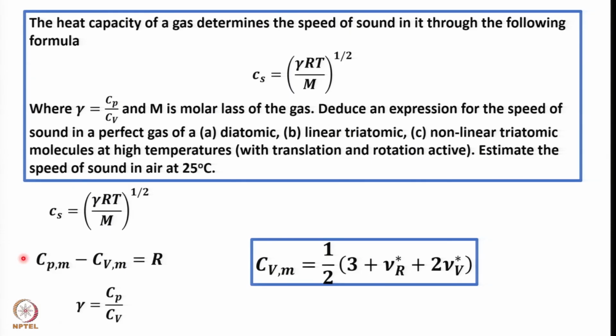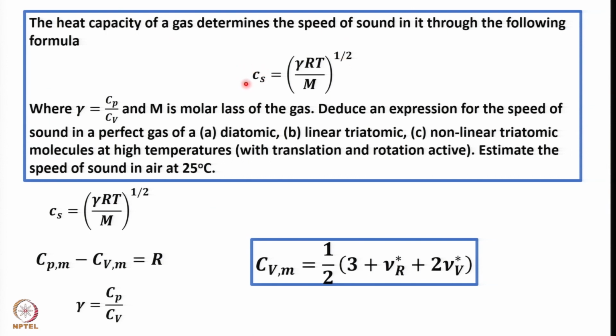The question is, the heat capacity of a gas determines the speed of sound in it through the following formula. The formula is Cs equals (gamma RT by m) raised to the power 1 by 2.